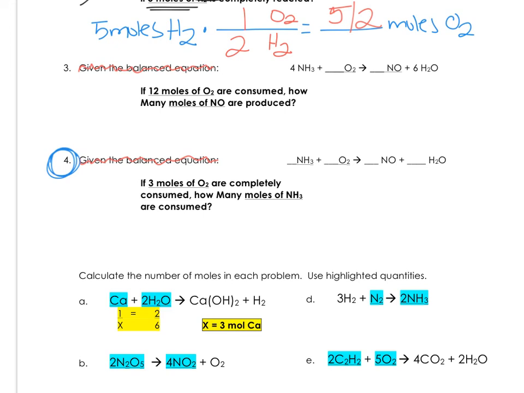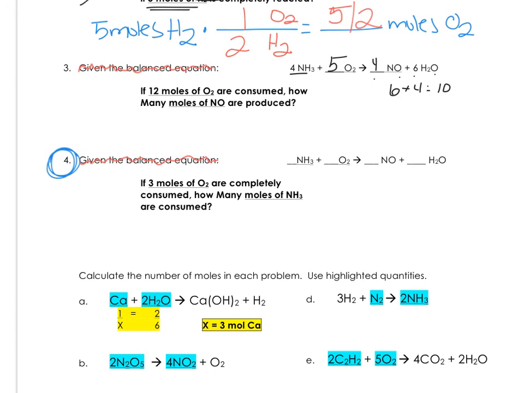The first thing that I notice is that I have 4 N's here, but I don't have 4 N's there, so I'm going to plop a 4 in because that makes sense. And now I'm going to see how many O's I have on this side. I've got 6 O's here, and I've got 4 here, so 6 plus 4 gives me 10 on this side. So I need to get 10 over here, so I multiply that by 5. All right, so now I'm balanced.